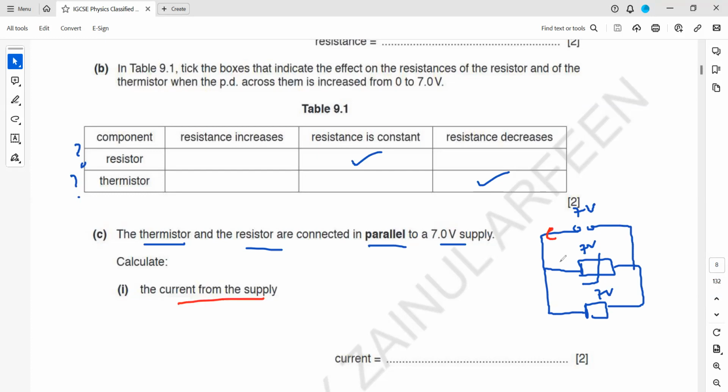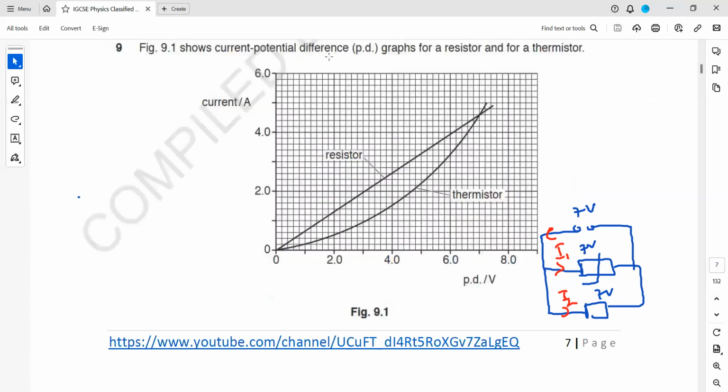It equals the current in the thermistor plus the current in the resistor, because they are connected in parallel. The current in the thermistor at 7 volts was 4.6, and the current in the resistor is also 4.6 amperes.